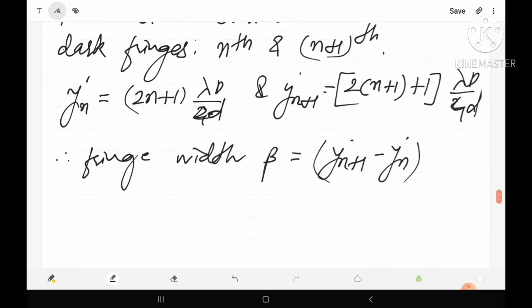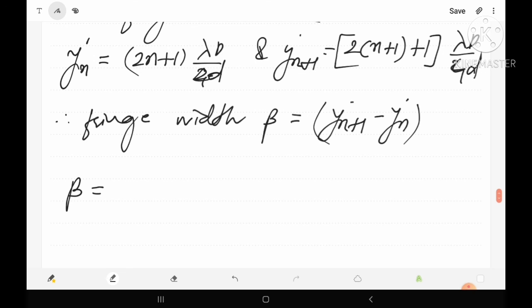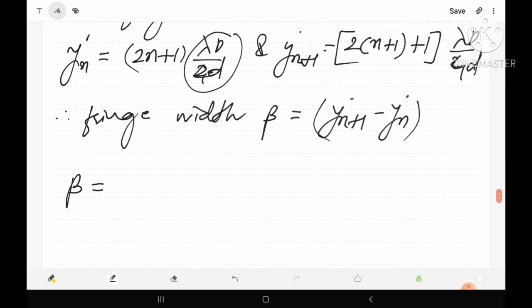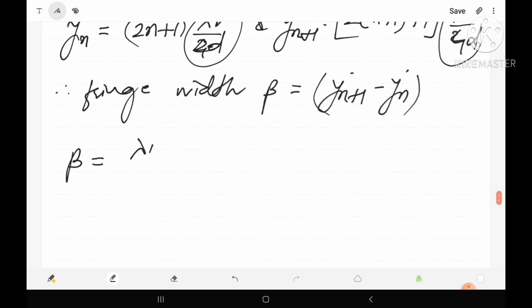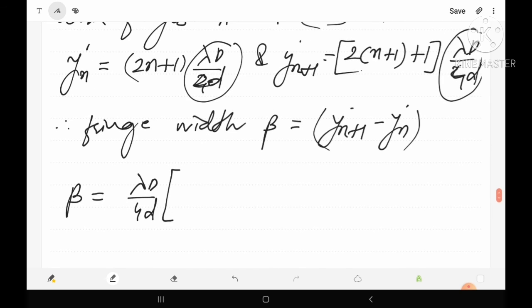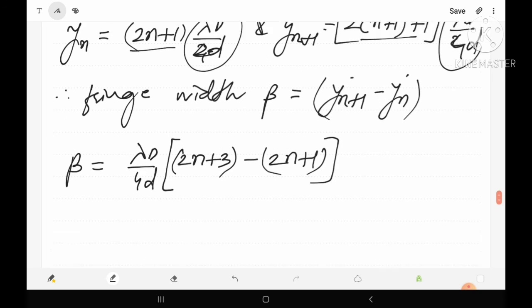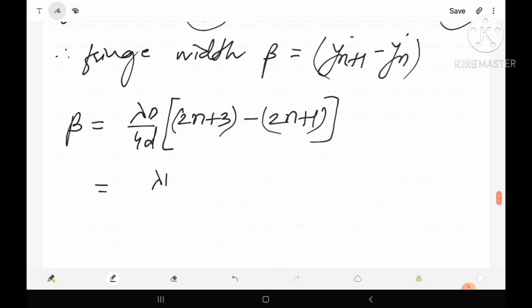It will become beta is equal to, because lambda D upon 4d is common, lambda capital D upon 4 small d taken common, times 2n plus 3 minus 2n plus 1. On solving we have lambda capital D upon 4d into 2, and 2n will be cancelled out, 3 minus 1 is equal to 2.